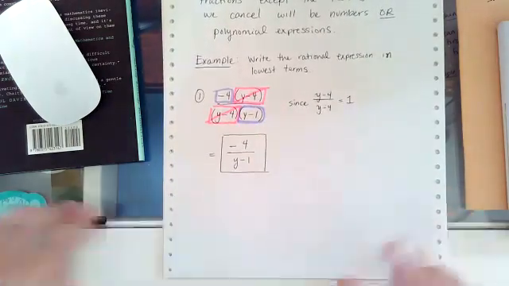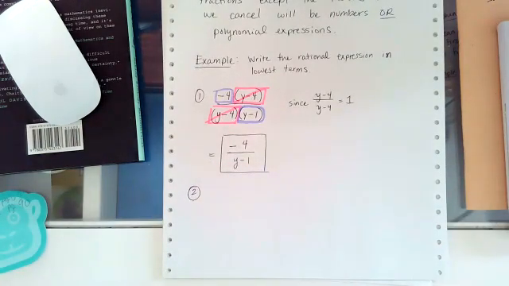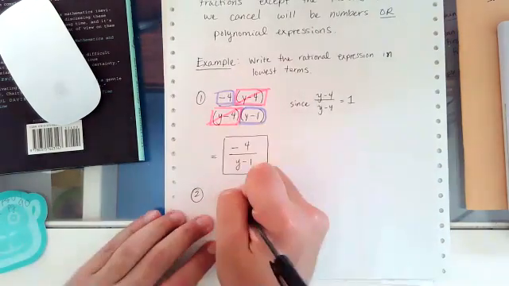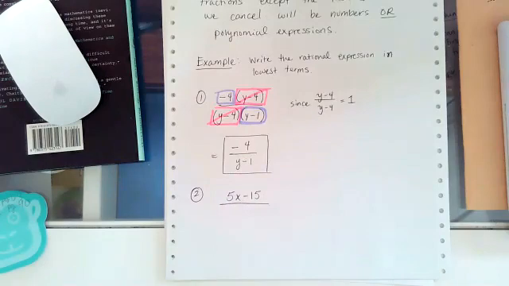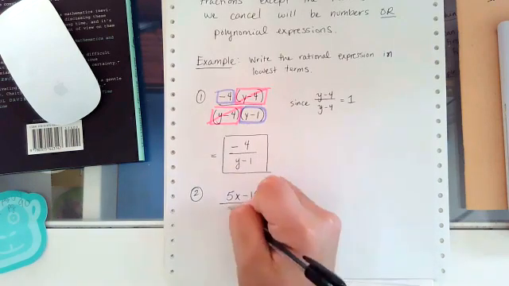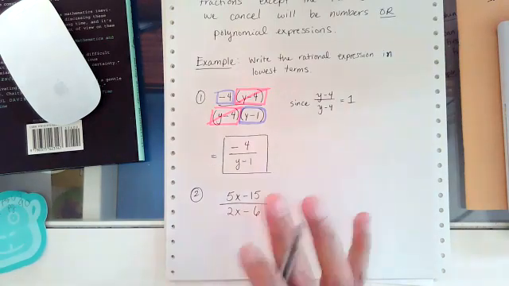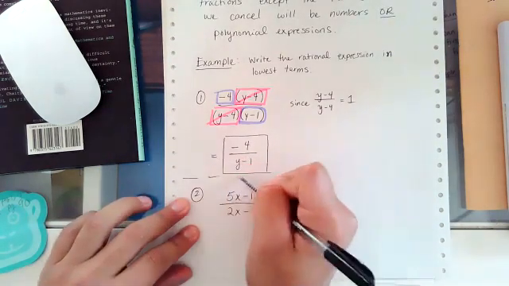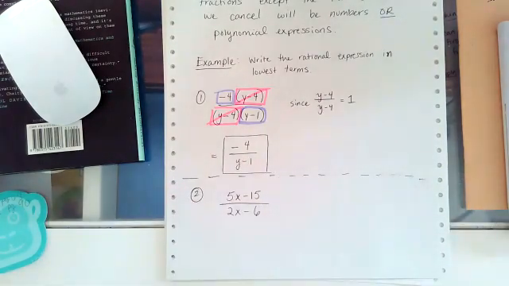Okay, so in other problems, like 5x minus 15 over 2x minus 6. Can anybody just look at this problem and sort of identify how do we simplify it, or what would the simplified expression be?